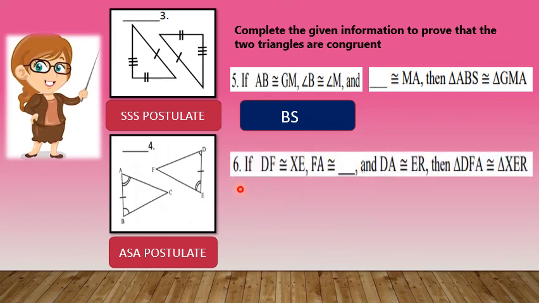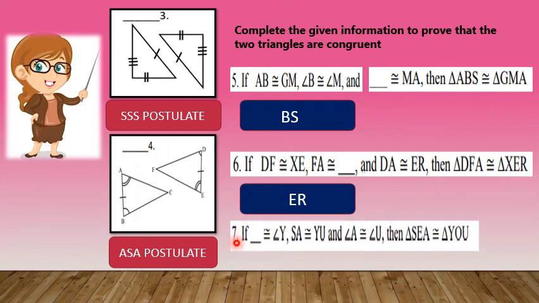Alright, let's have number 6. If DF is congruent to XE, FA is congruent to blank, and DA is congruent to XR, then triangle DFA is congruent to triangle XER. FA is congruent to ER. So therefore the answer is ER. Number 7, the last one.